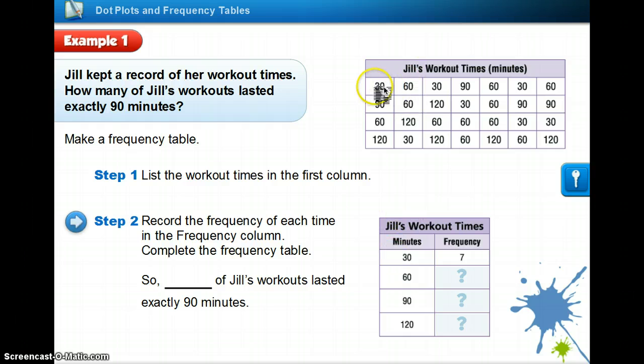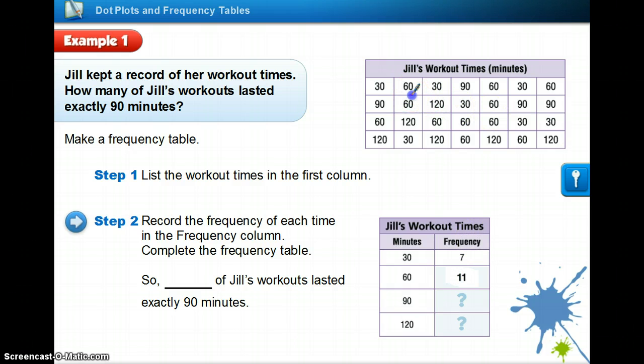So in 30, we see 1, 2, 3, 4, 5, 6, 7. So there's 7 times that she did 30 minutes. If we count 60, it's 1, 2, 3, 4, 5, 6, 7, 8, 9, 10. So I believe it's 10. Let's take a look and make sure we're correct here. 11. I missed one.